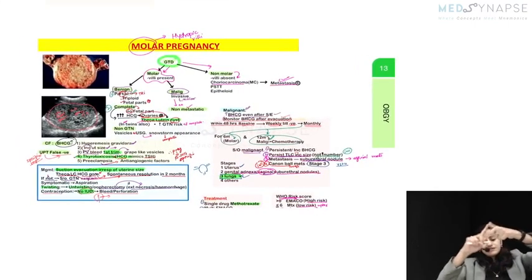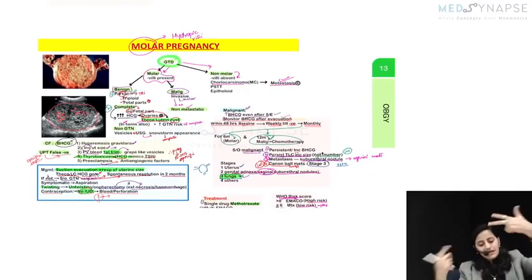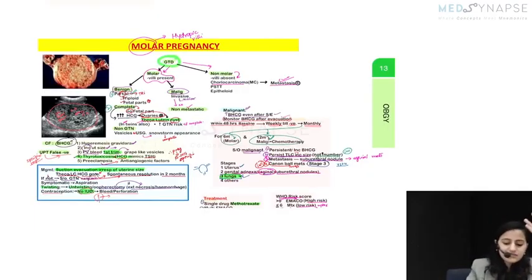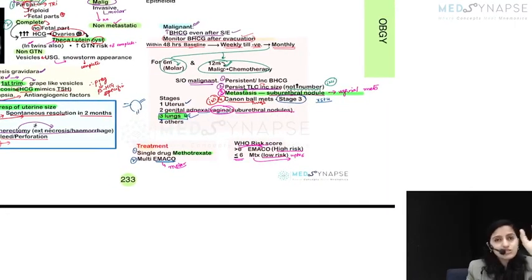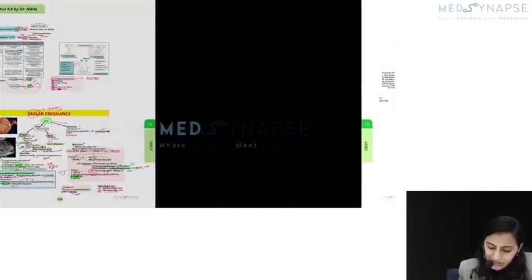Remember, increased beta HCG, increased uterine size, hyperemesis gravidarum, theca lutein cyst. Suburethral nodule is a finding of metastasis. Vaginal metastasis, stage 2. Lung metastasis is stage 3. Right, it is stage 3. After suction evacuation, you need to monitor the beta HCG. It should fall. So that is molar.